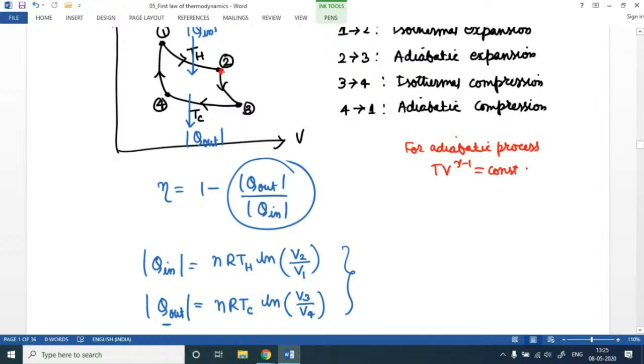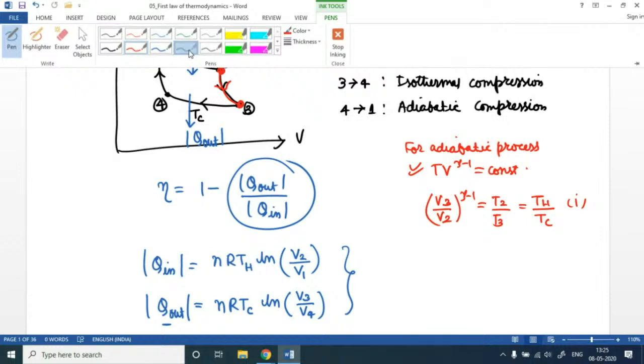So if we write the equation for this process over here, what we will be getting is V3 upon V2 to the power gamma minus 1 would be nothing but T2 upon T3, using this relationship. And T2 is nothing but Th, and T3 is nothing but Tc. So this is, let's say, the first equation, and that is for the process 2 to 3.